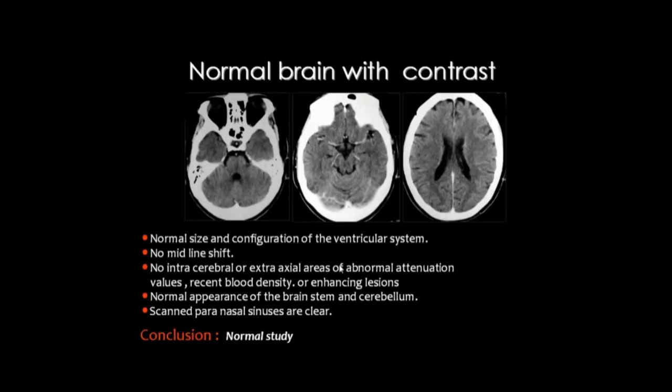See the normal appearance of the brain stem and cerebellum. See whether the scanned paranasal air sinuses are clear or not. If everything is okay, then we can give a normal study. Also check if there is any hematoma or any AV malformation. Everything we need to check.